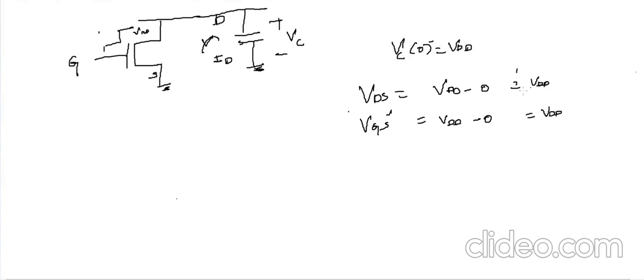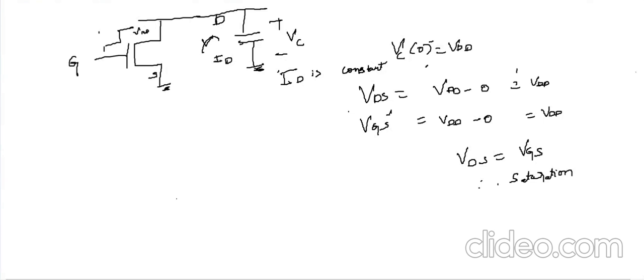So here VDS is equal to VGS. Therefore, the device is in saturation. So the current is constant, that is VGS is constant. So the current ID is constant.